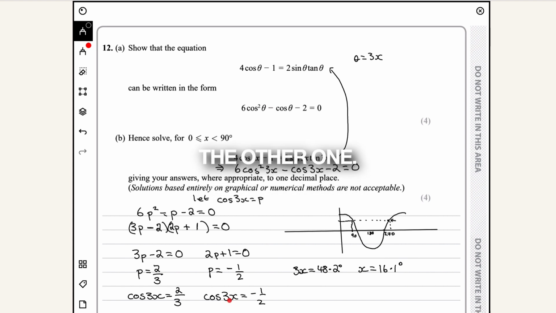Okay, let's take the other one. If cos 3x is minus a half, then 3x will equal cos to the minus 1 of minus 0.5, yeah, minus a half, which equals 120 degrees. Now 120 degrees, that would also make sense, that's here, but there's another solution within my range here, which we can see from our symmetry, is 240 degrees.